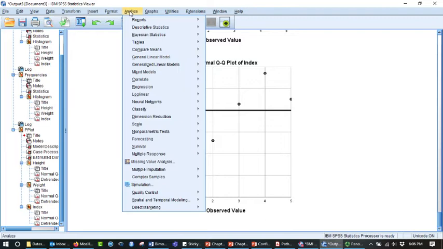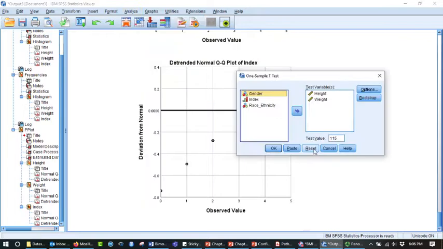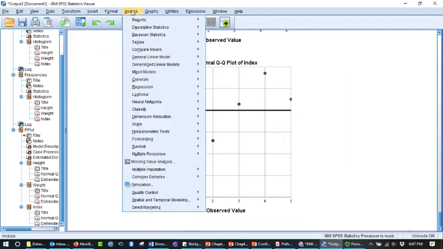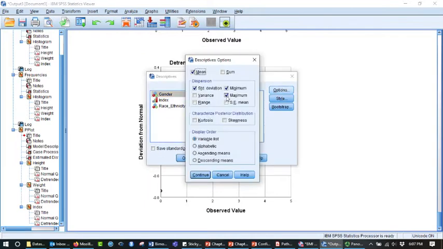All right, now we're going to do a one sample t-test. I'm going to go to Analyze, Compare Means, One Sample T-Test, and hit Reset. Oh, you know what, before I do that, let me do Analyze, Descriptives, Descriptives. I've already brought these over.